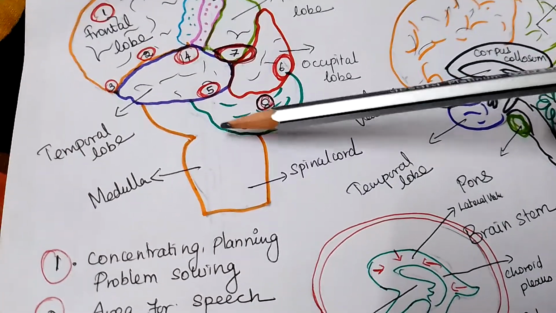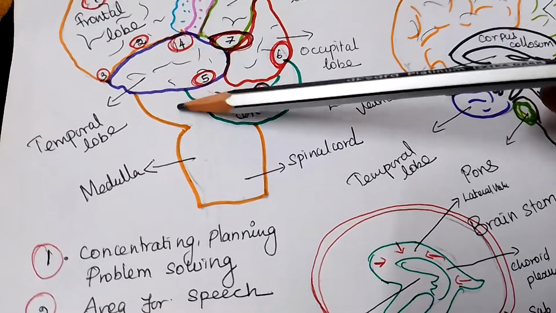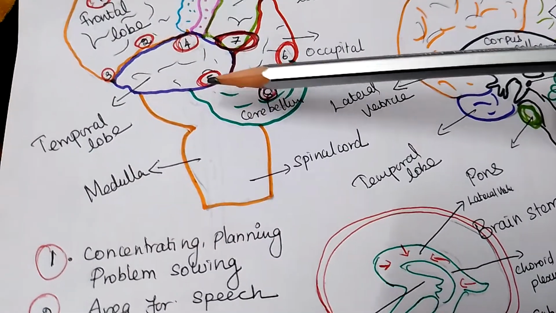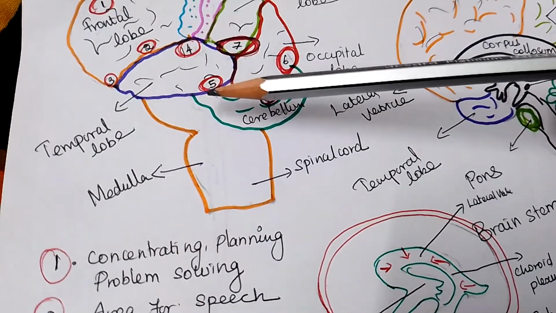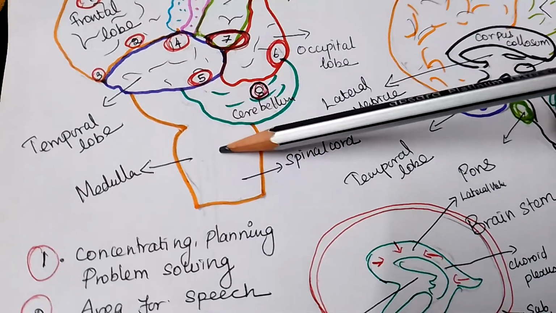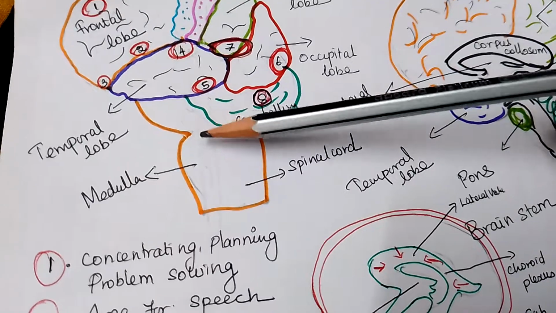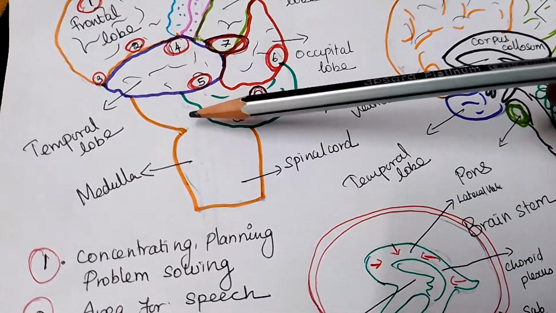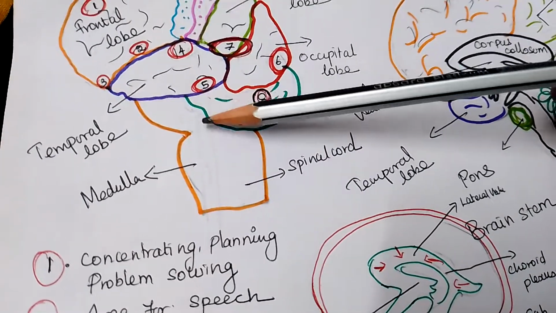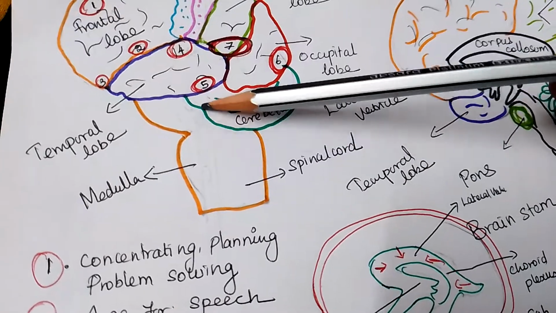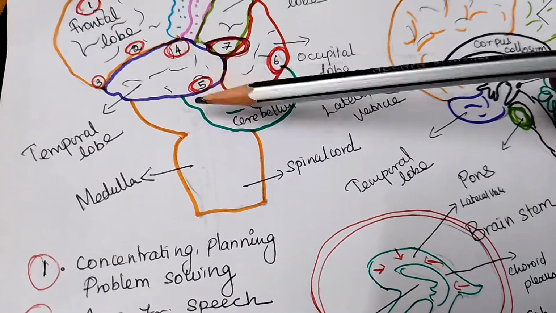The midbrain is made up of the mesencephalon, which is located between the brainstem. Look at the brain. The midbrain is located between the brainstem, the medulla oblongata and the pons. It is in between.